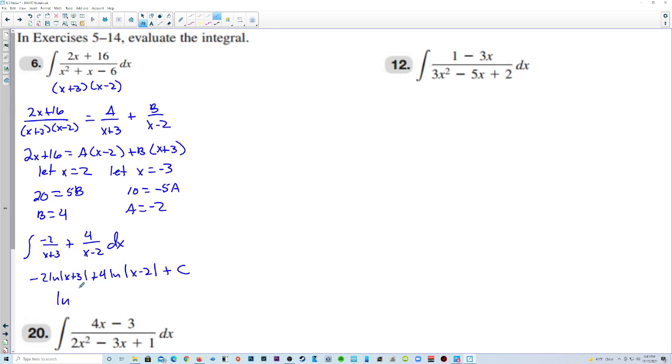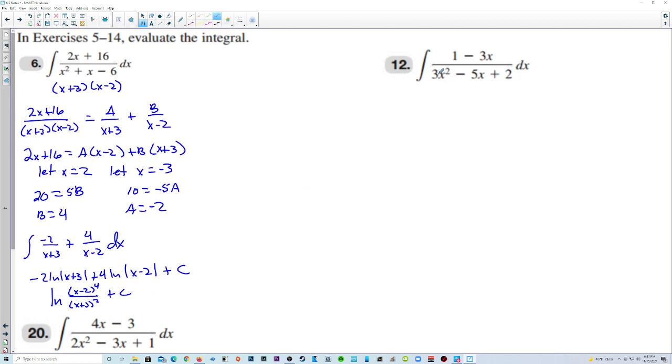Do I need absolute value? I don't need absolute value because both of these are going to be raised to even powers. Let's go natural log of x minus 2 to the fourth over x plus 3 squared plus c.